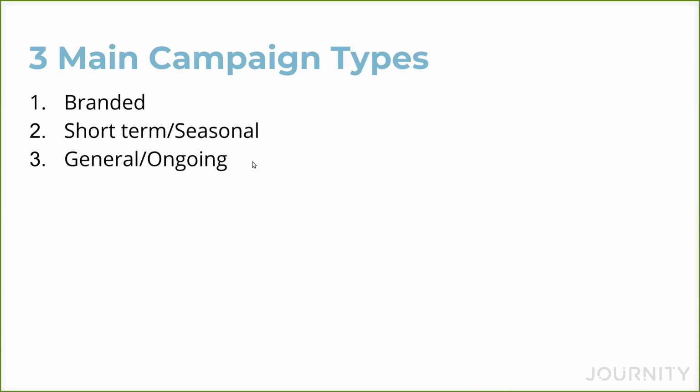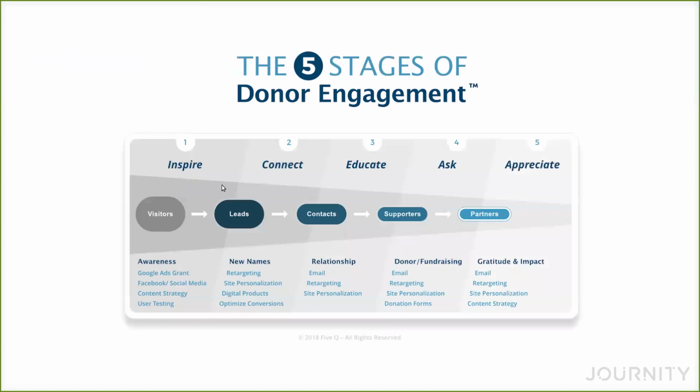And then there are also the general ongoing campaigns, and these people we find have a little more trouble strategizing and building ideas for those campaigns. So I'm going to go a little bit deeper into that. We like to look at things in terms of the 5 stages of donor engagement, and go ahead and create campaigns that bring people into the front of the funnel and push people down through the funnel.